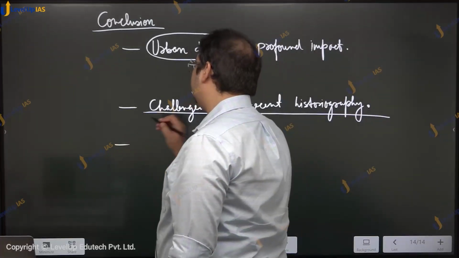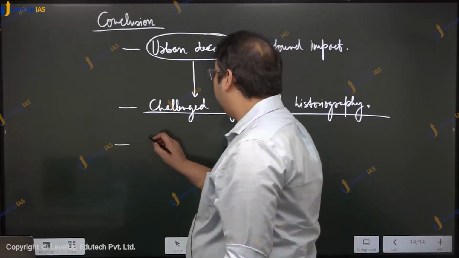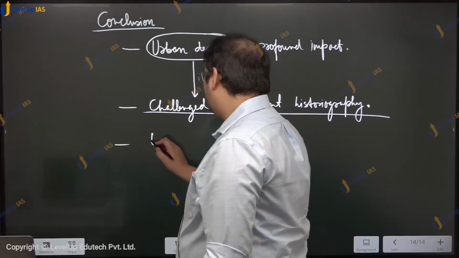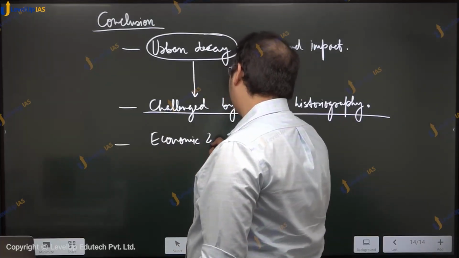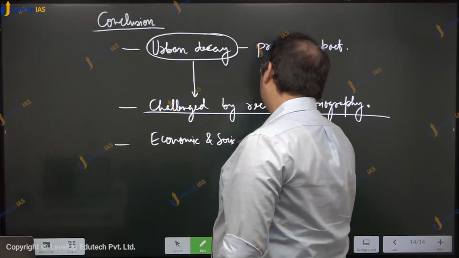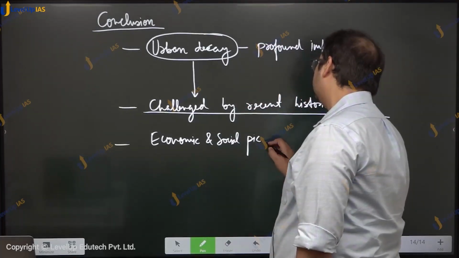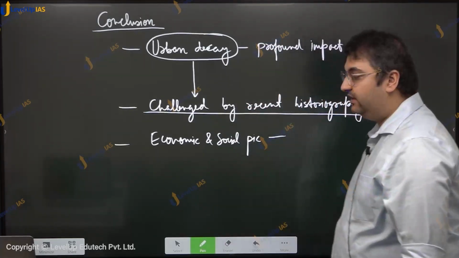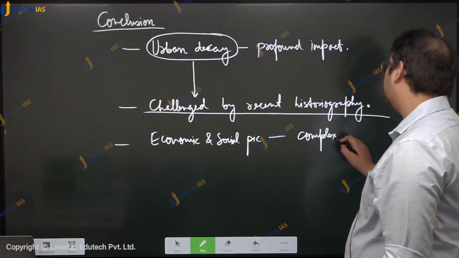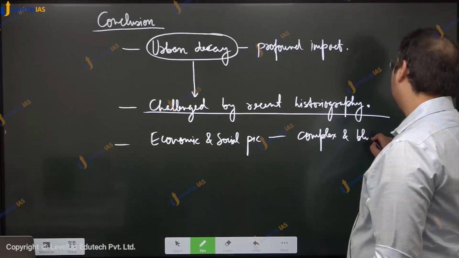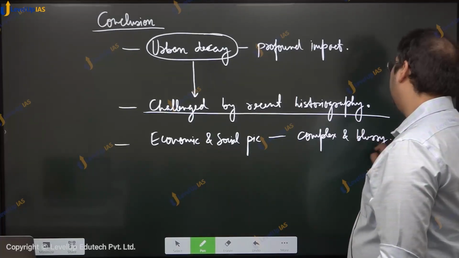And as a result, the economic and social picture has simultaneously become more complex and blurry.